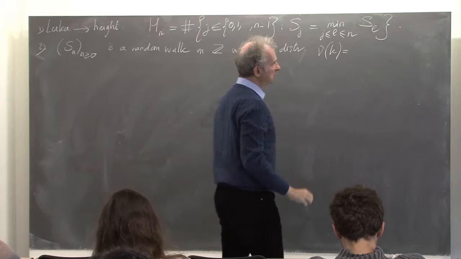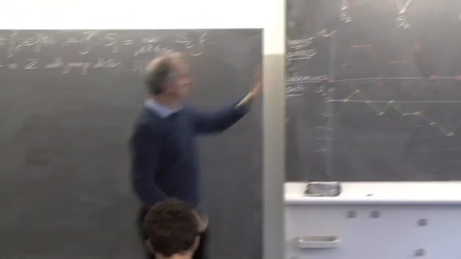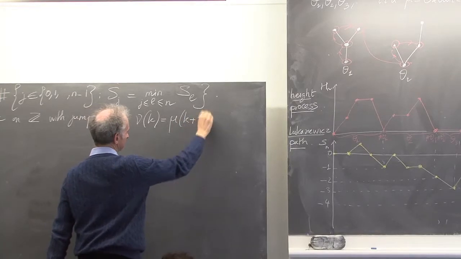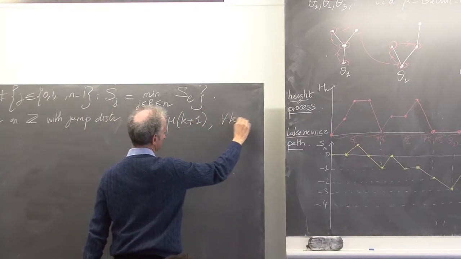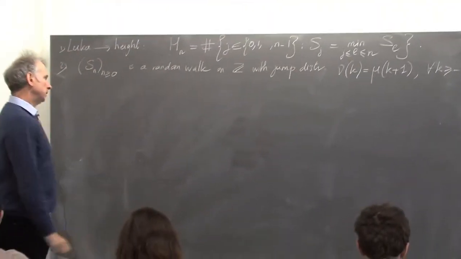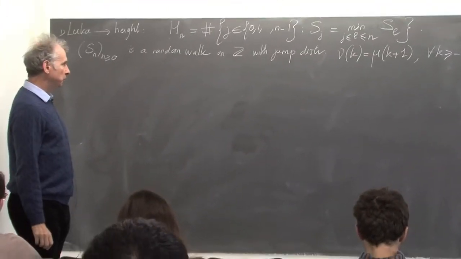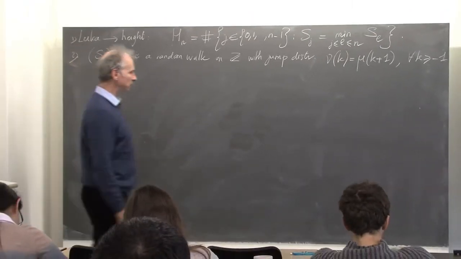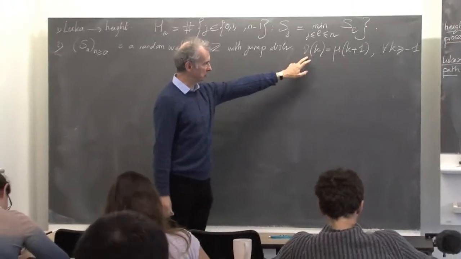So the jump distribution is essentially the same as mu, but shifted: nu of k is mu of k plus 1 for any integer k greater than or equal to minus 1. Okay, we saw that last time, and so it is just the sum of independent random variables distributed according to this nu.